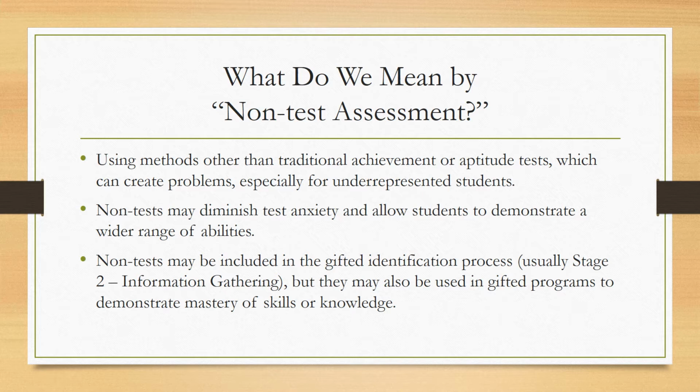So this is typically done when a teacher has noticed that a child might demonstrate higher than average abilities, or that there might be a universal screening where they discover that the child is scoring in the top, say, 10% of the school. And then the teacher may be asked to implement some of these non-test assessments as a way of supplementing the gifted identification process.